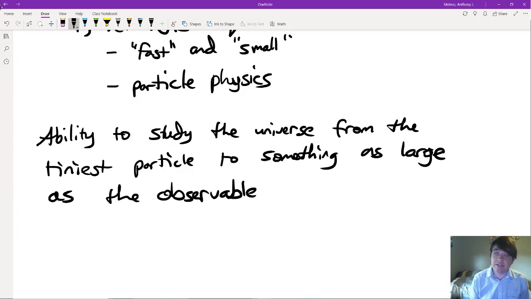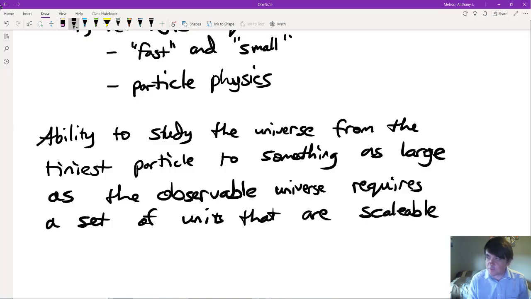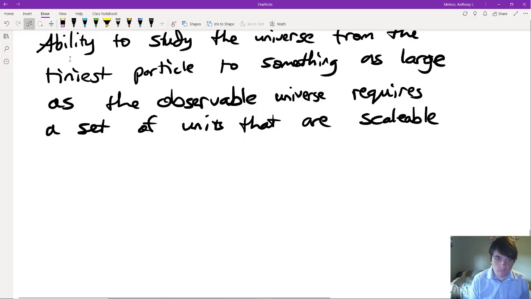It's based on light speed and time. It's not the size of the universe, it's just what we can observe around us. But it's very, very massive. And this requires a set of units that are scalable.